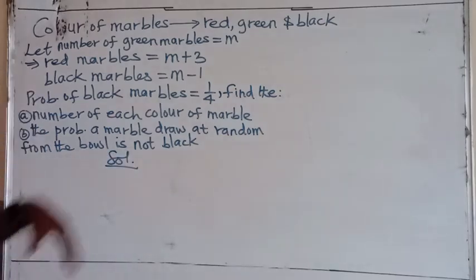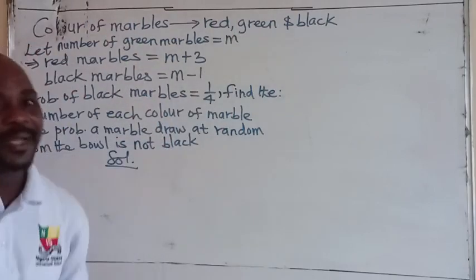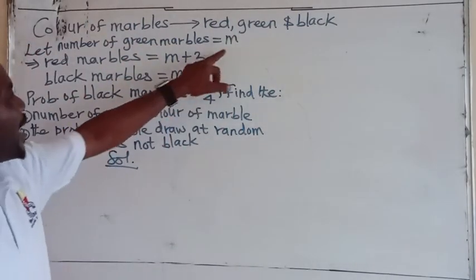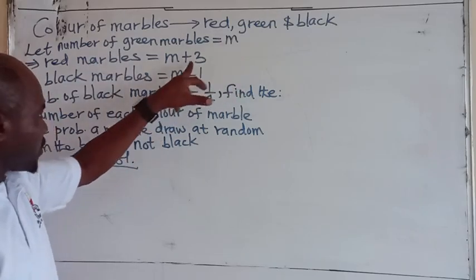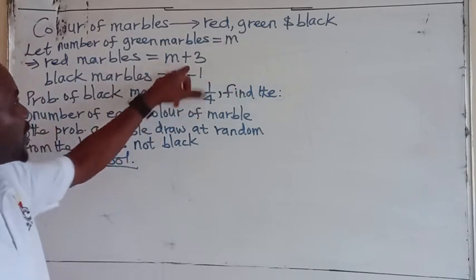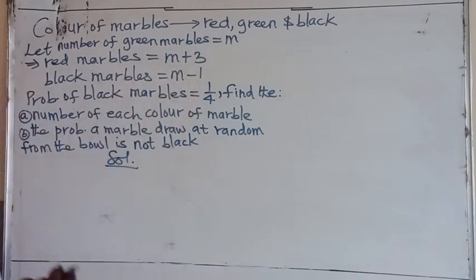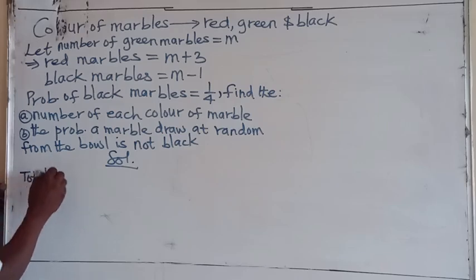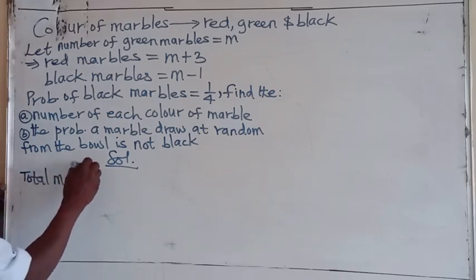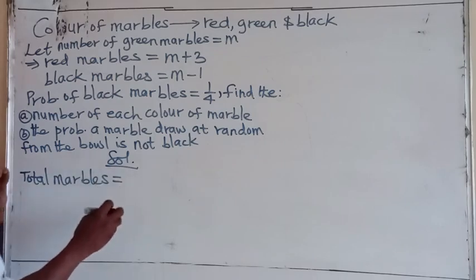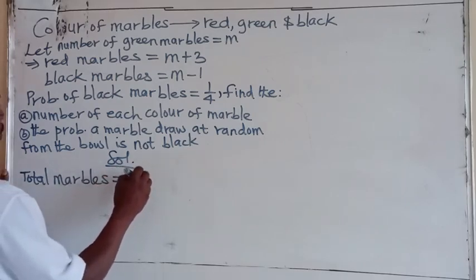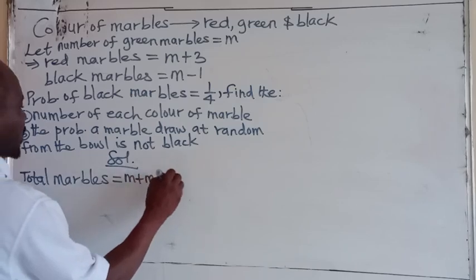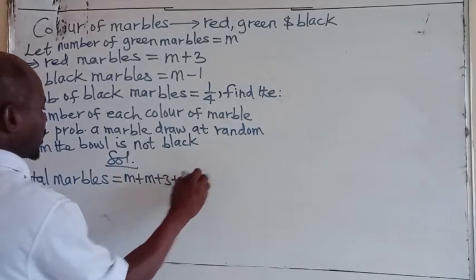So now we have 3 marbles, red, green, and black. How many green? n. How many red? n plus 3. How many black? n minus 1. So the total marbles is equal to n plus n plus 3 plus n minus 1.